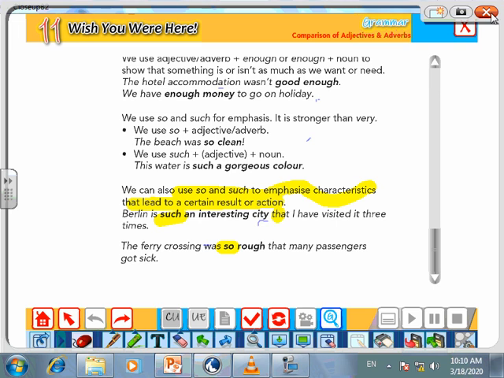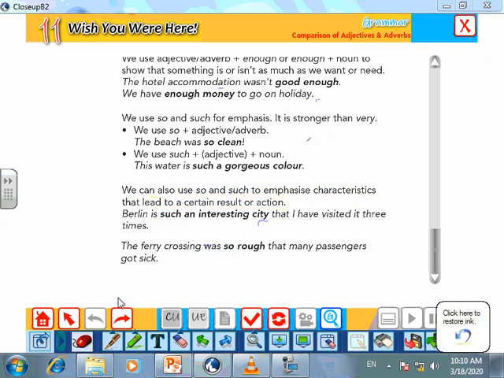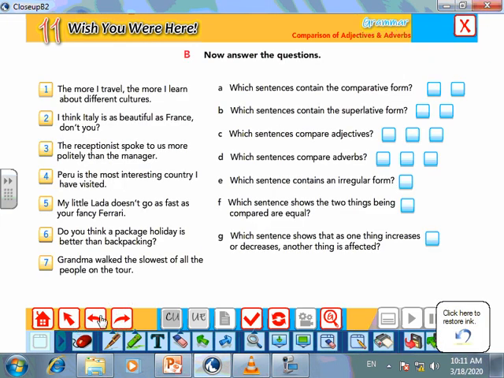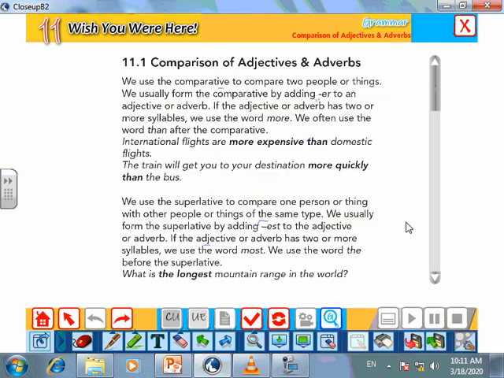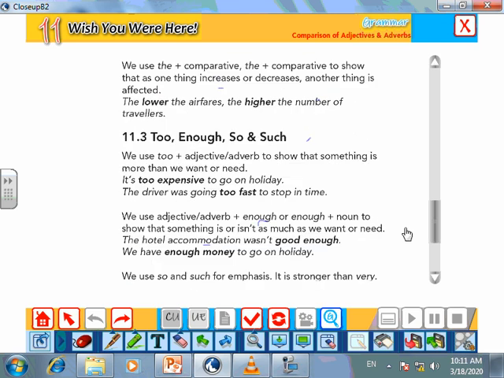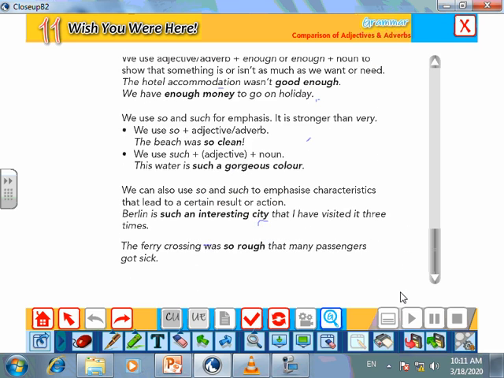So let's move to the next page. Here we have on page, let's move to page number.